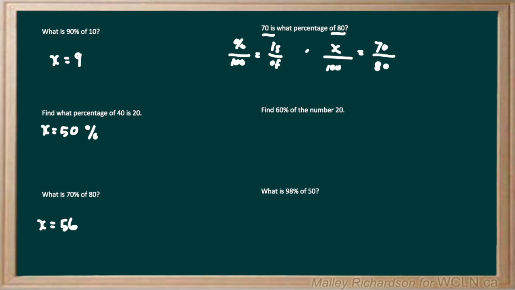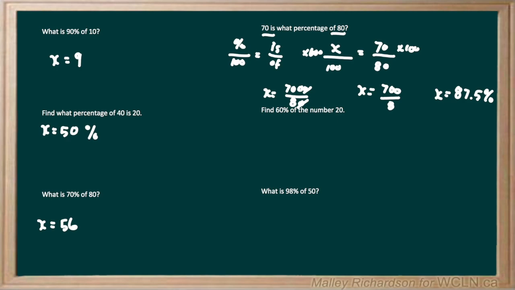Now to get x by itself, we're going to cross multiply by 100. And then we're left with x equals 70 times 100, which is 7,000 over 80. These zeros can cancel out, and we're left with x equals 700 over 8. And then 700 divided by 8 gives us 87.5. So x is 87.5%.